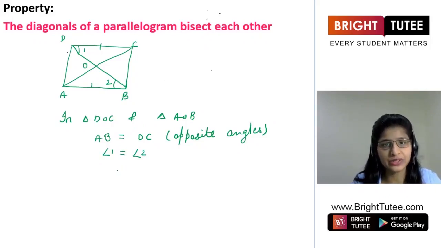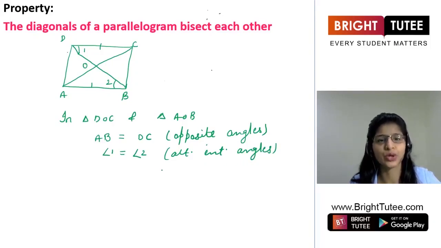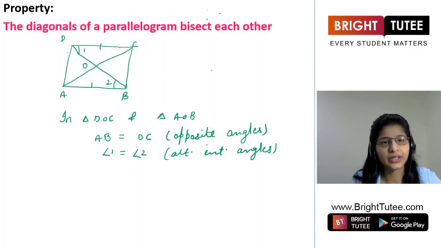We have already used this, that this is alternate interior angles between the sides DC and AB, because we know that DC and AB are parallel. Now we'll write angle 3, this one, angle 3 and angle 4. What is the relationship?